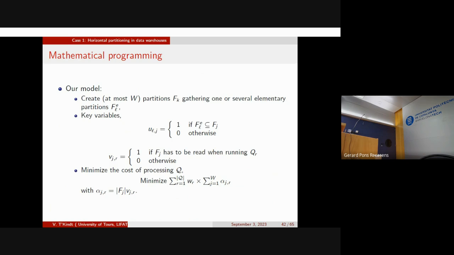So I want to minimize the sum over all queries of the weight of the query times the size of the partitions that I will have to read to answer queries. This depends on the way I gather the elementary partitions. That's the optimization plan: I decide how I group the elementary partitions.